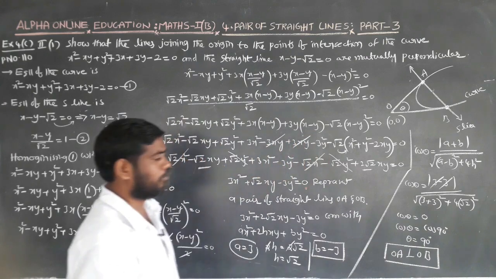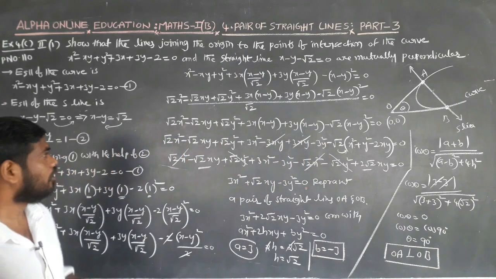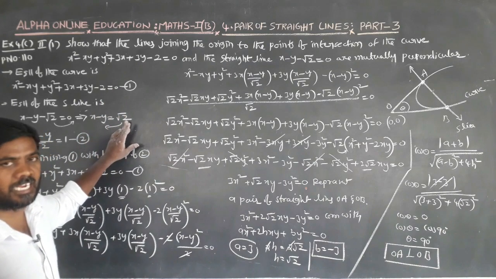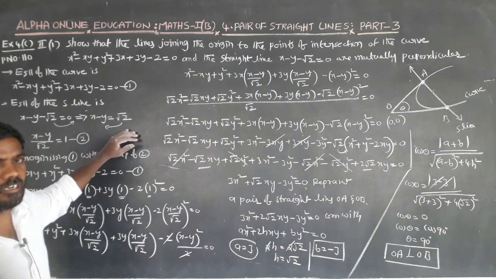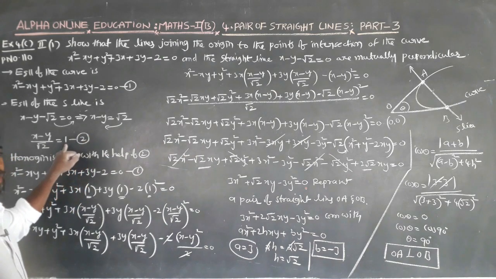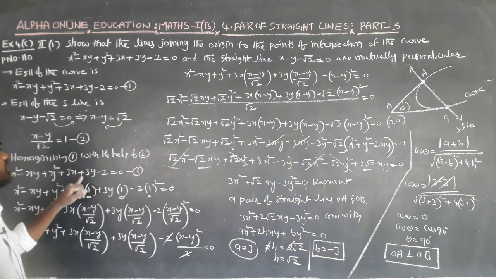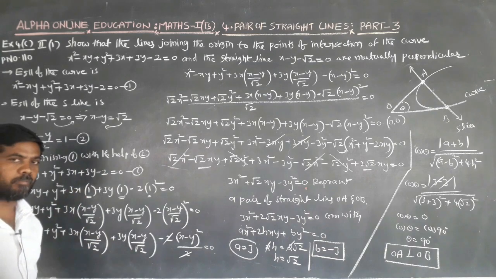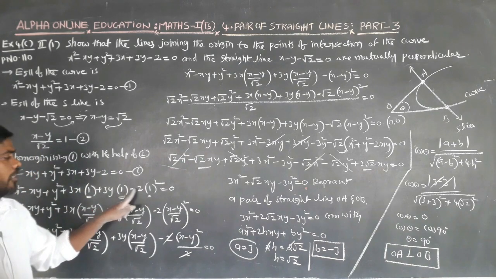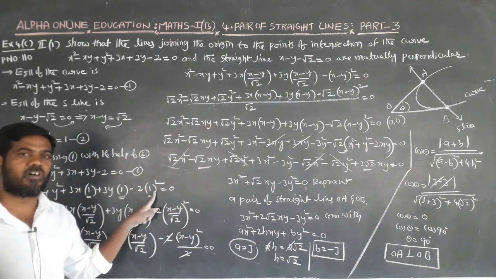This is the process: homogenizing the curve with the help of the line. First of all, the line is transformed so that it can be written in the form equal to 1. Write x into 1, y into 1, constant into 1 square.